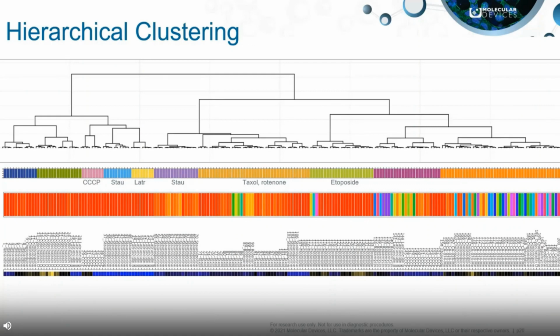For example, if you have a novel compound and you don't know very much about it, and it clusters with a group of compounds that have a specific kinase inhibitor as a mechanism of action, you can use that information to design future experiments to figure out the mechanism of action of this novel compound.